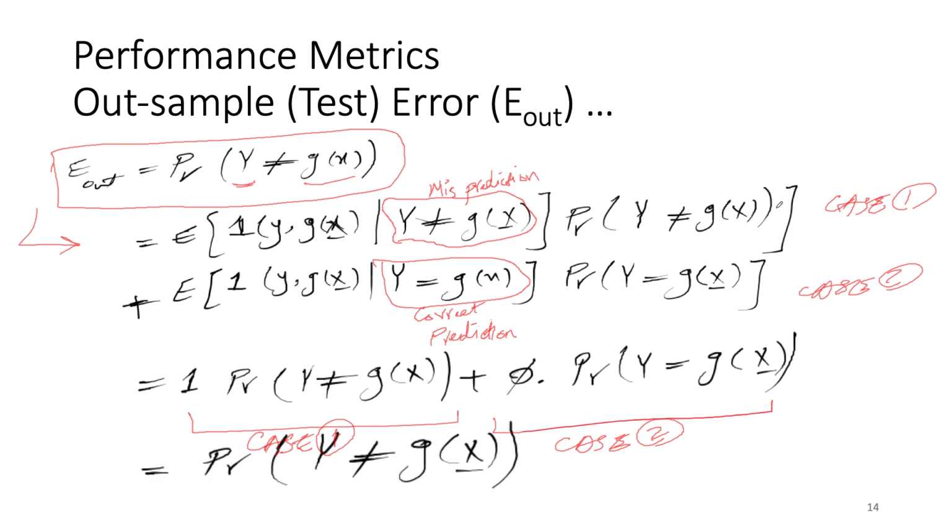That's why the final value, so this is equal to that, right? So for the test error, we just have to consider the probability of the cases that the prediction was not correct, and that's all, right?